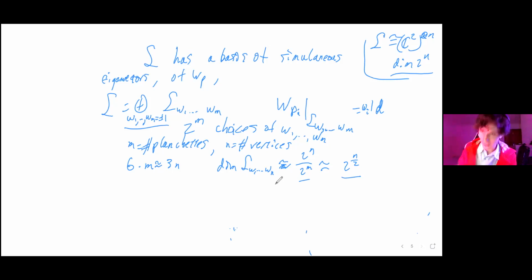So the dimension of each one, assuming there's not many boundary terms, or assuming there's not many plaquettes on the boundary, or just put it on a torus and it becomes exact. Yeah, sure. Modulo a few error terms, and assuming all these have about the same dimension, we can approximate the dimension of each one as 2 to the n on 2.